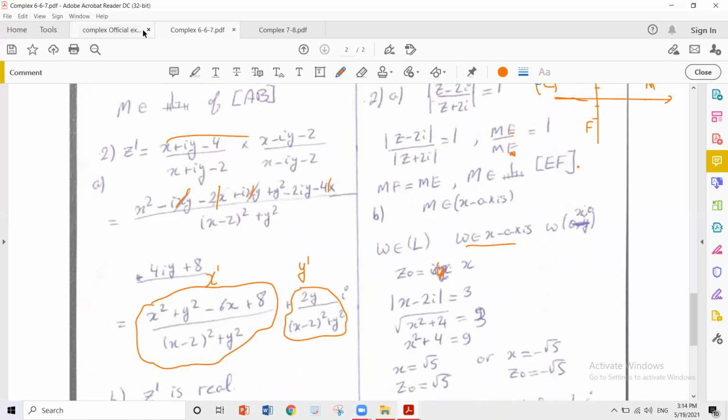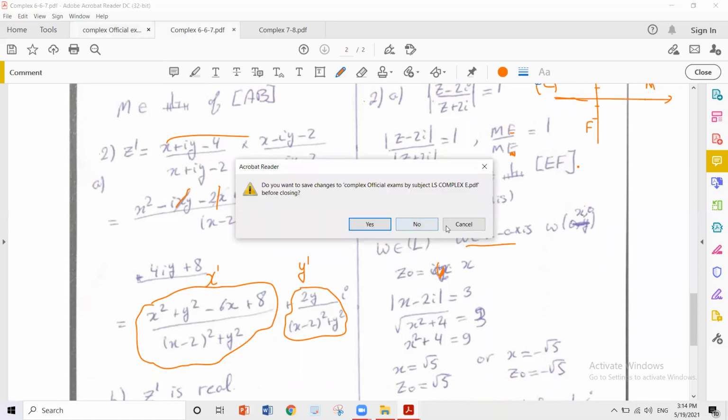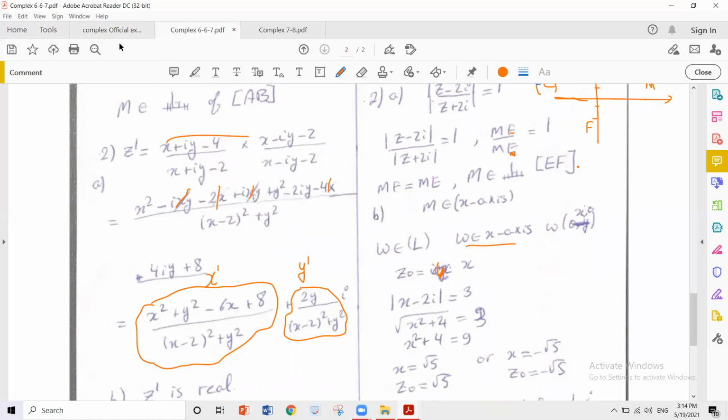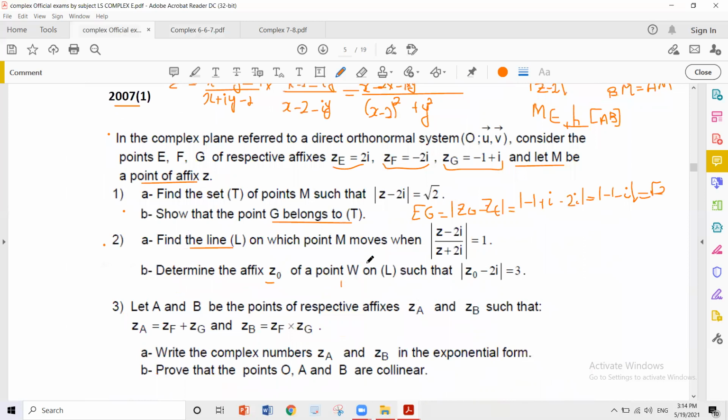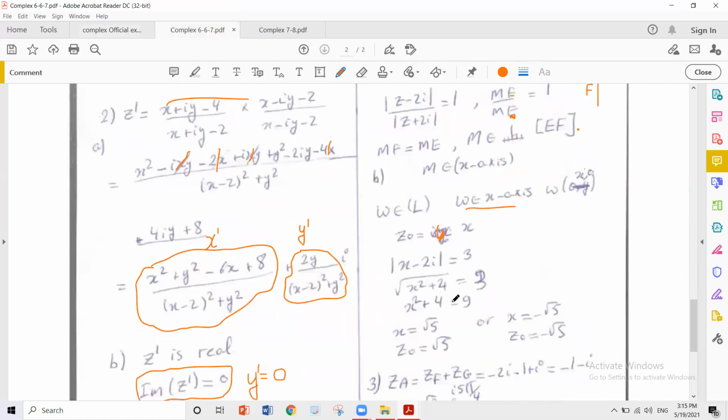To find x: we said find the affix Z0 of a point W such that the modulus of Z0 equals 3. So Z0 is x because W is x0. So we say radical x squared plus 4 equals 3.